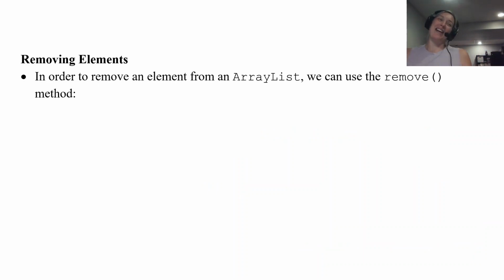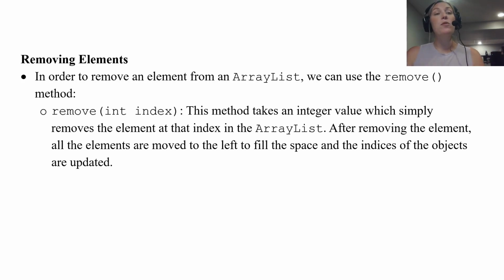Removing elements. That's the set. That's all the set is. We're just replacing elements at specific indexes. Removing elements: if we want to remove elements, we have the remove method. In parentheses, we put the index that we want removed.